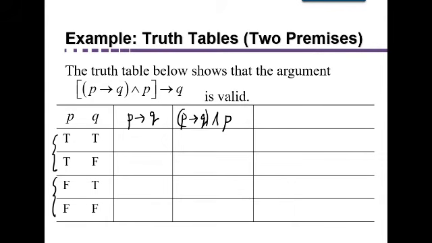This is the conditional, so that's the whole statement. P implies Q and P implies Q. I'm going to go ahead and number these columns so we can talk about it. We have column 1, column 2, column 3, column 4, and column 5.